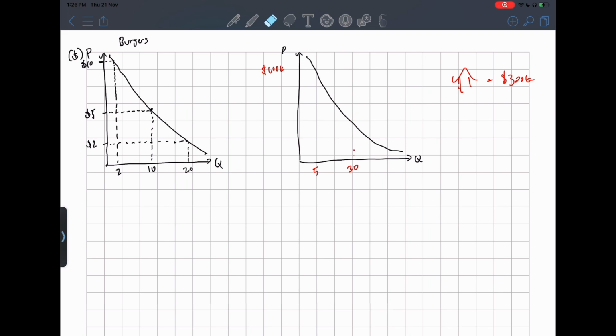Another non-price determinant we can talk about is tastes and preferences. I want you to think of something that's been popular recently. Times will change, obviously, but let's think of a popular product, something that's been really popular on social media that a lot of influencers have been buying.